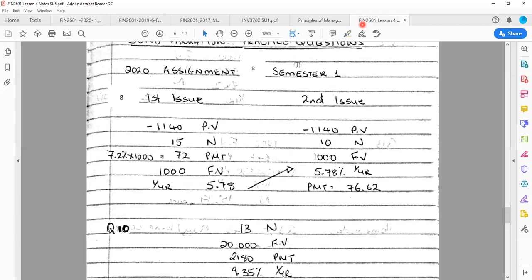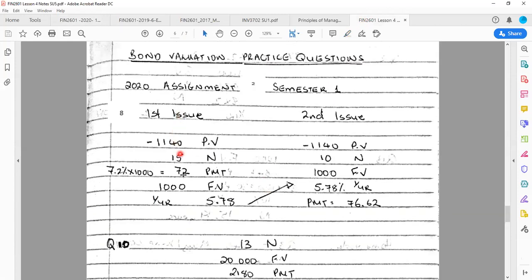What you can do is list out the information of both bonds, the first issue and the second issue. We've been told both bonds have the same price, so their PV is the same. But the first bond has a maturity of 15 years, whereas the second bond has a maturity of 10 years.